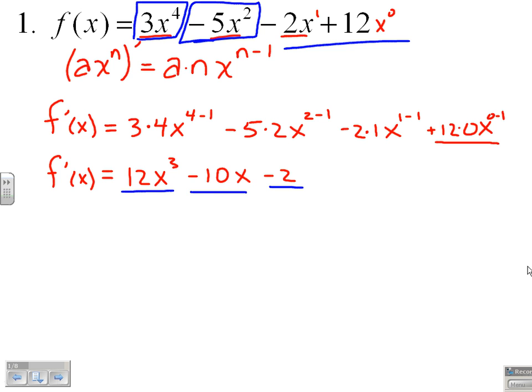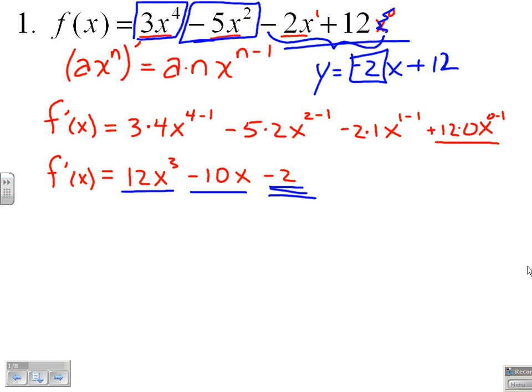I guess it's negative 10x. But once I get to that point, I'm left with a linear term, negative 2x plus 12. And I say, what is the slope of y equals negative 2x plus 12? If you're watching this video, you ought to know that the slope is just negative 2. So once we get down to a linear term, don't forget a derivative just finds us the slope.